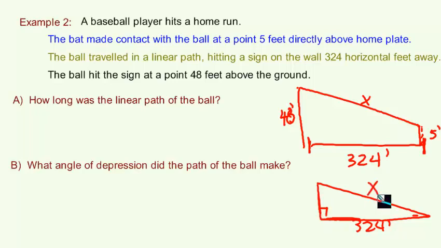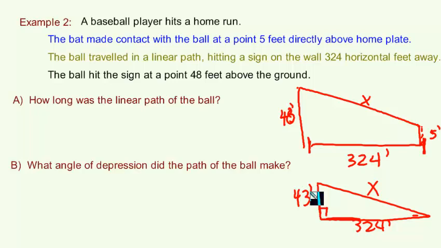We still need to find the side. And this is no longer 48 feet. This is 48 feet minus that 5-foot head start that it got because the ball was already off the ground when it was hit. So that really makes this 43 feet. So be aware of any head starts, anything you have to subtract off, or maybe add on in these problems as well. But from here, now with the triangle set up, it's a pretty easy problem.